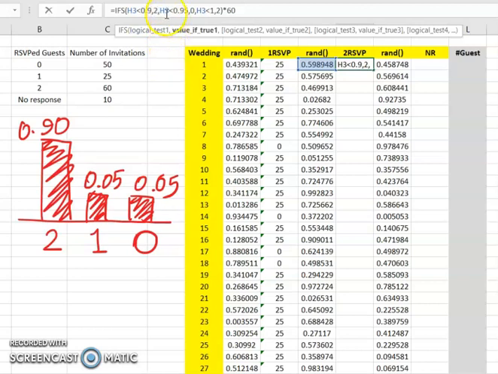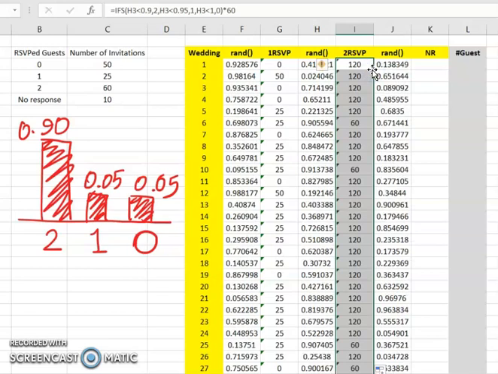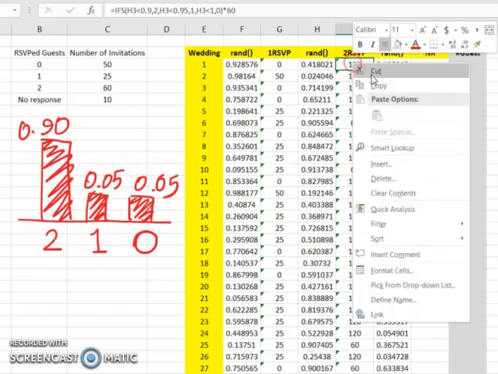When it is smaller than 95, the number of guests would be 1, and otherwise the number of guests would be 0. So now we have it, and we populate the part.